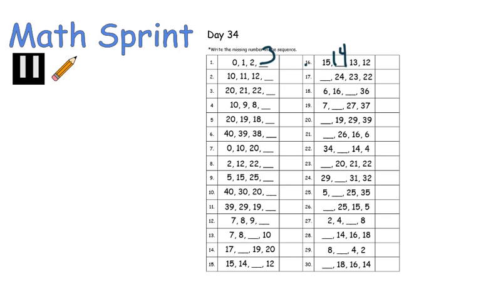Some of them go up by tens, like number 8. It goes 2, 12, 22. So the next 10 would be 32. Okay.